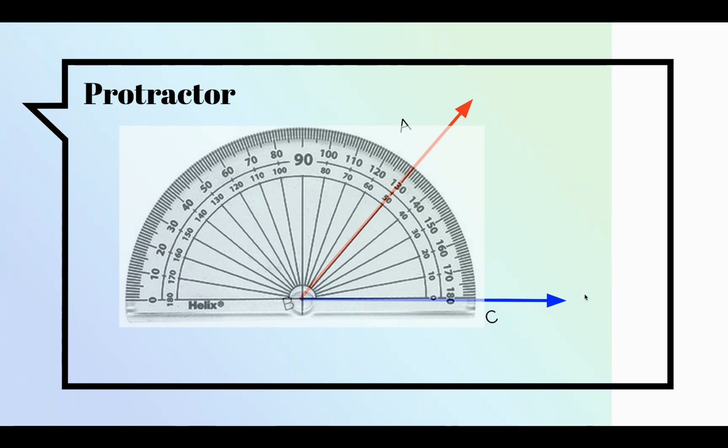So if I put my baseline on this side where the 0 is here, then I'm going to read the lower numbers going around this way. But if I had an angle that was going this way, again, I put my baseline on the 0 here, and my other angle was going this way, I could read the upper numbers. Also notice that this baseline is a straight angle, right? It's a 180-degree angle.